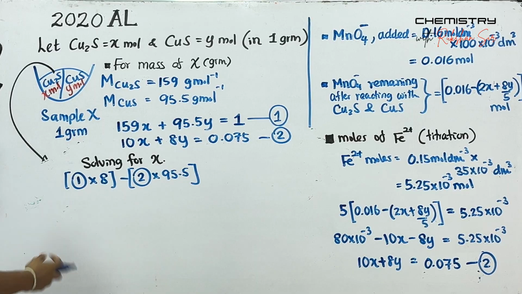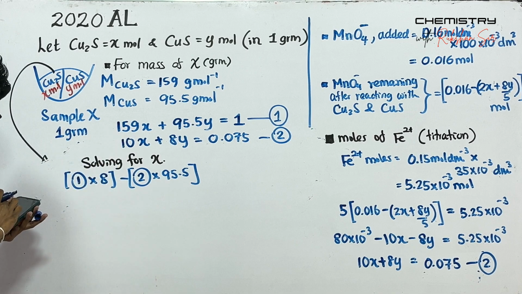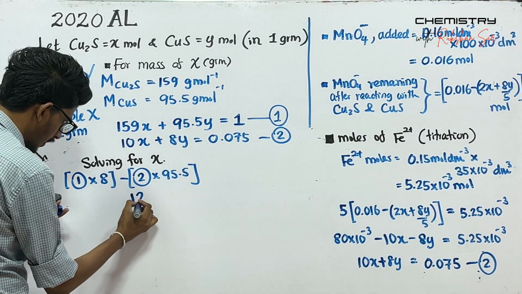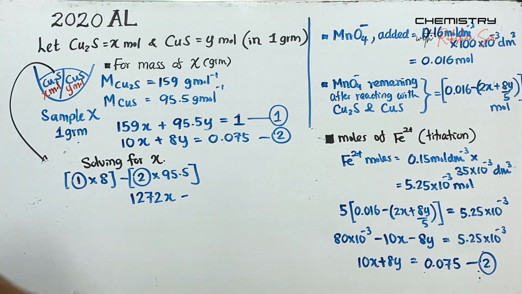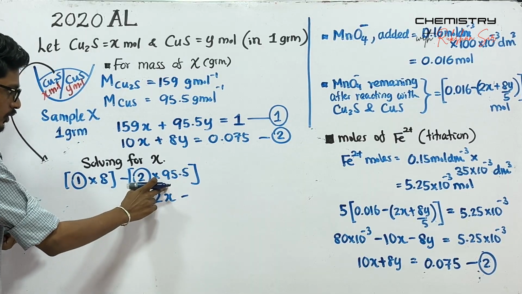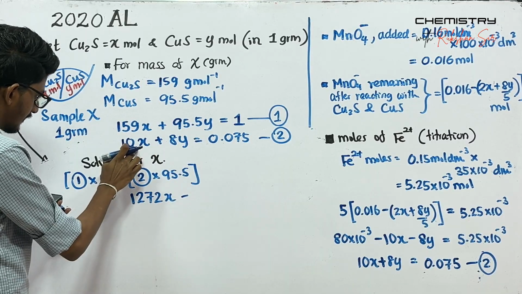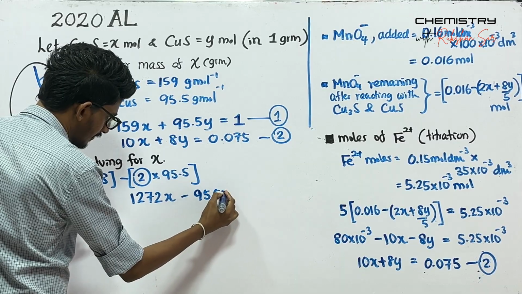That thing will get rid of your y values, right? 1 into 8, so 159 into 8 will be given as 1272x minus 2 multiplied with 95.5, that is 955x, right?